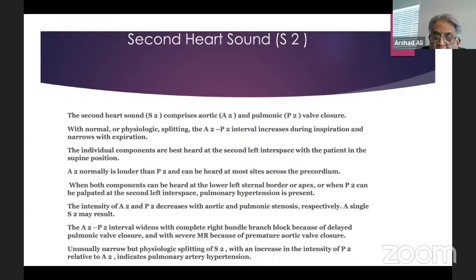Right bundle branch block, once again, will increase the interval. And then there's a phenomenon called reverse splitting that can happen with left bundle branch block, because then the aortic valve is delayed and it follows the pulmonic closure sound.